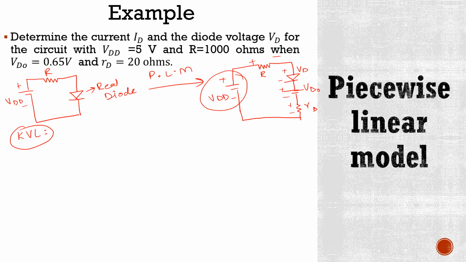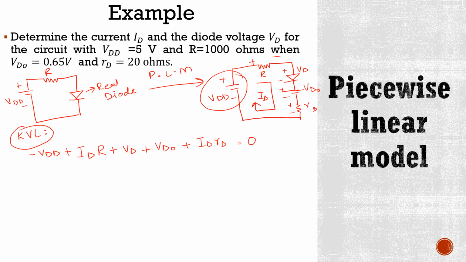So our KVL equation will be minus VDD plus, okay, here the current is flowing in this direction, which is ID. So here we'll write ID R plus VD plus VD naught plus ID RD is equal to 0.